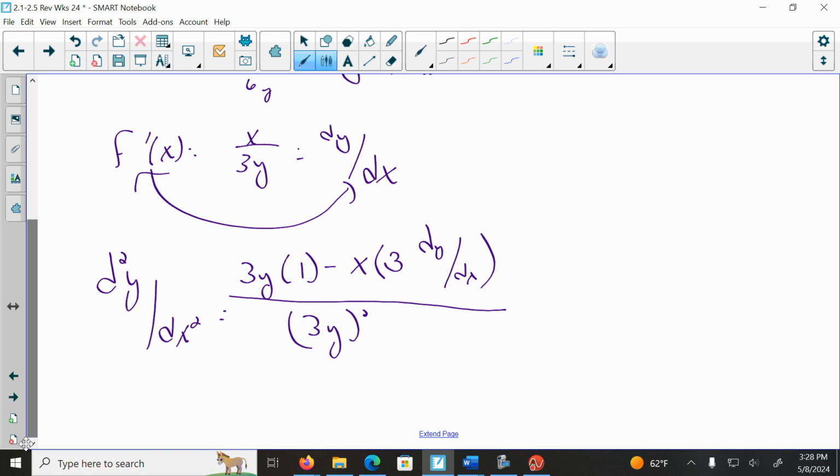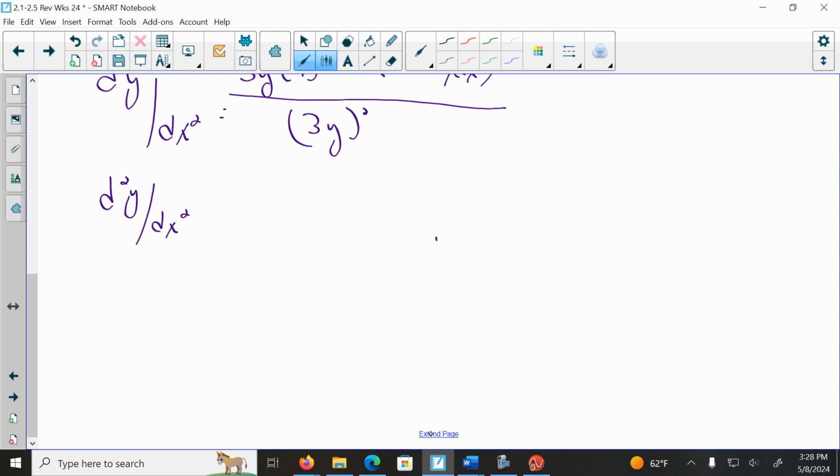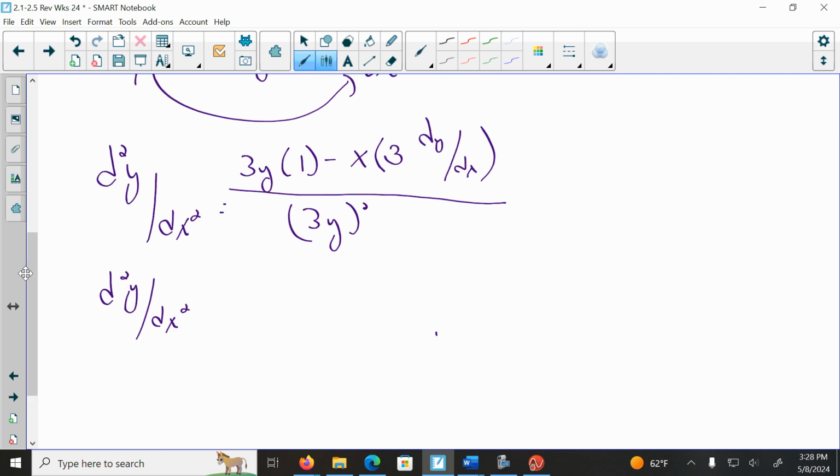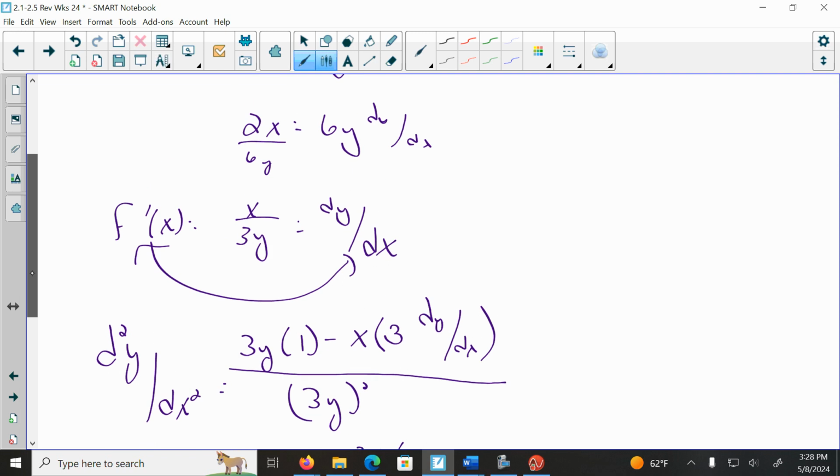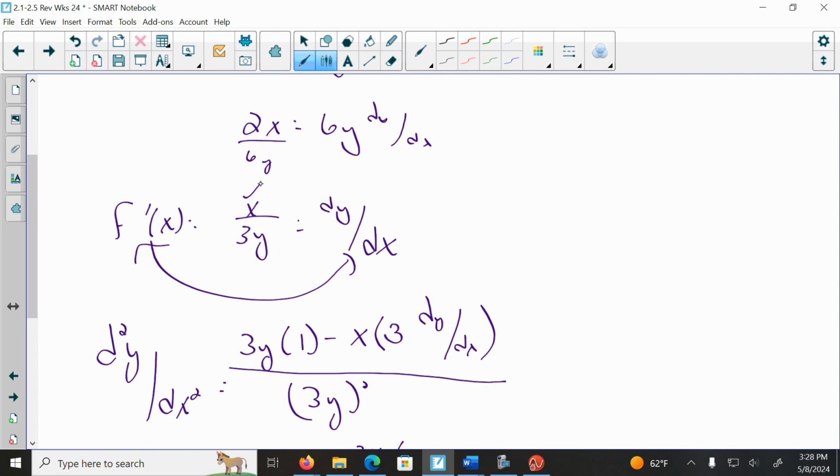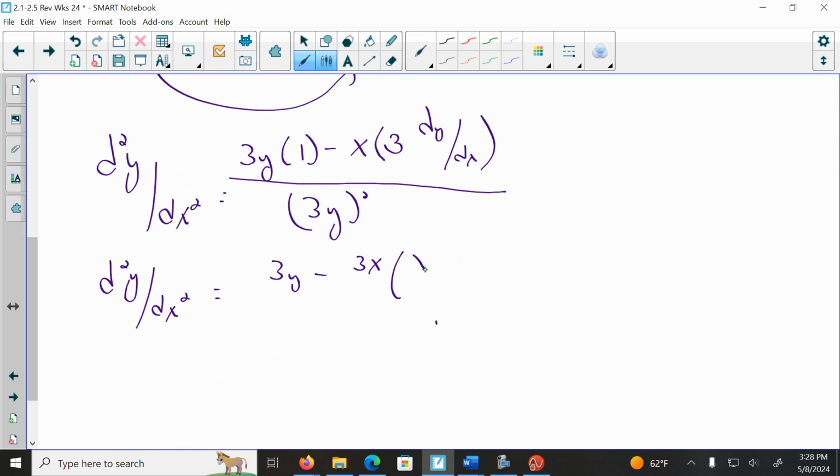So when I do this, we have 3y minus 3x times, in this first derivative, I'm going to take this and substitute that into my dy dx, x over 3y. And this is all over 9y squared.